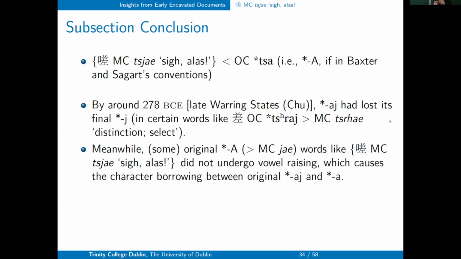So we can conclude that by around 278 BCE, in the late Warring States Chu, the Old Chinese R had lost its final E in certain words like cha. Meanwhile, some original Old Chinese R, which became Middle Chinese Ye, words like jie, didn't undergo vowel raising, which causes the character borrowing between original Old Chinese I and R.